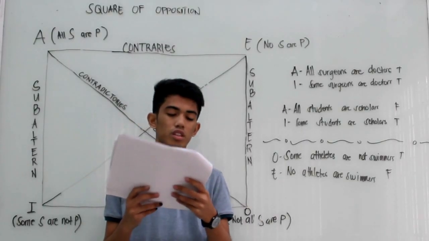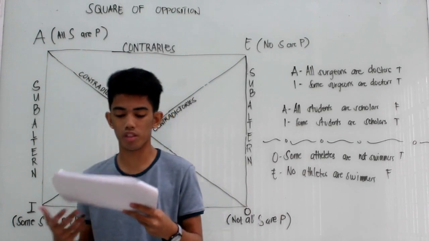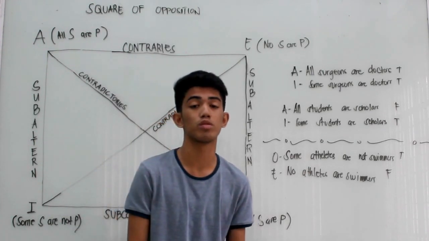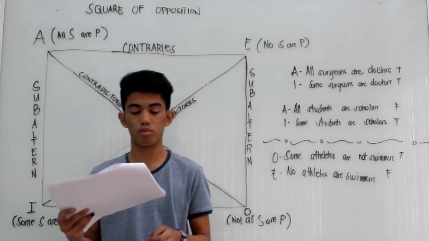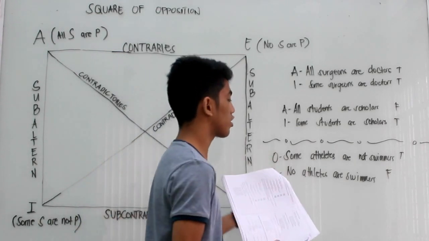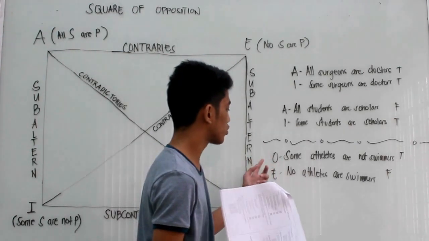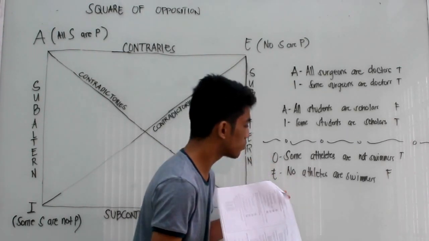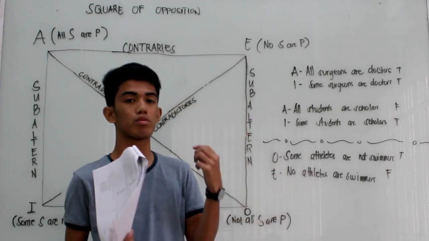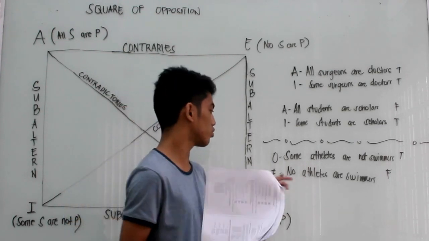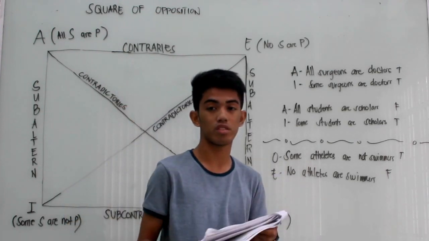The second rule is, if the particular is false, the universal is false. If the particular is true, the universal is doubtful. For example, some athletes are not famous. This is true, so the universal may be true or false. No athletes are famous, which is false.